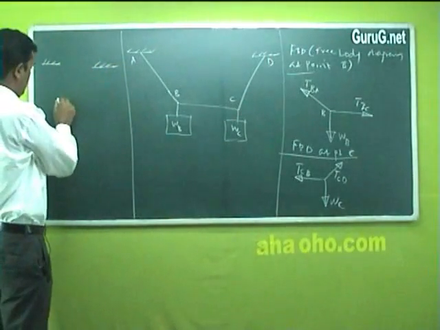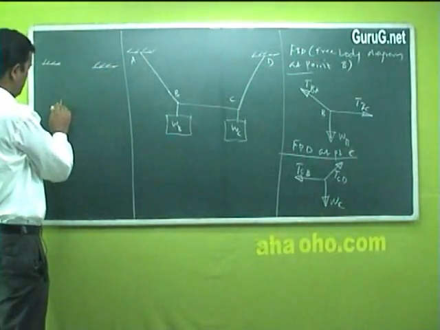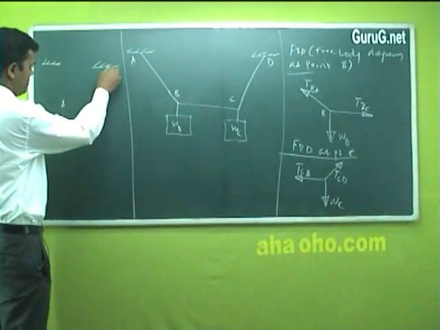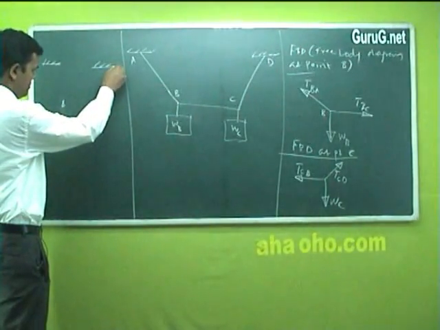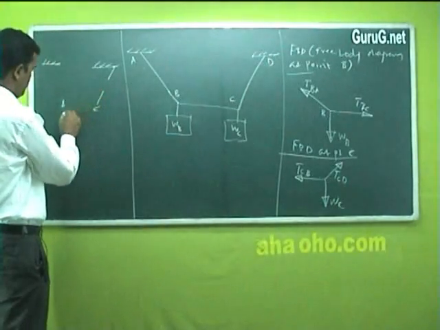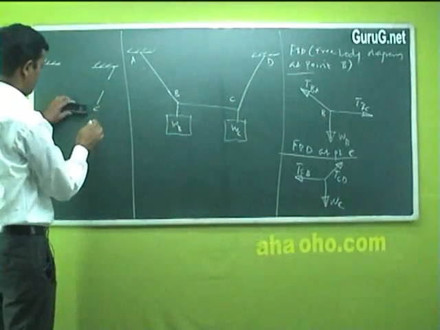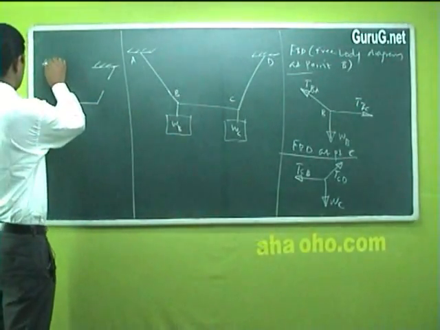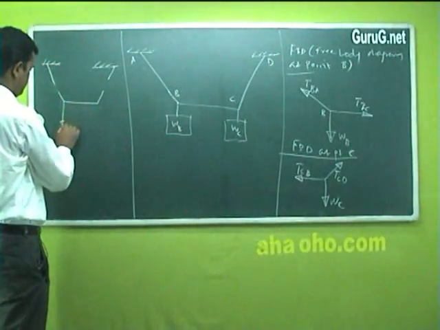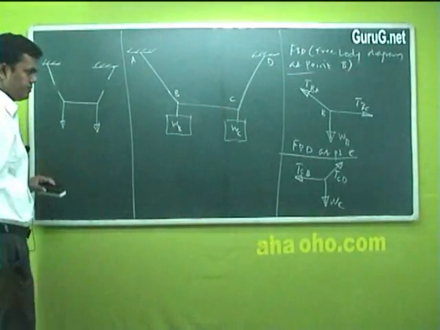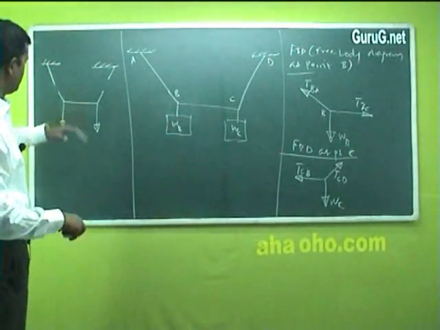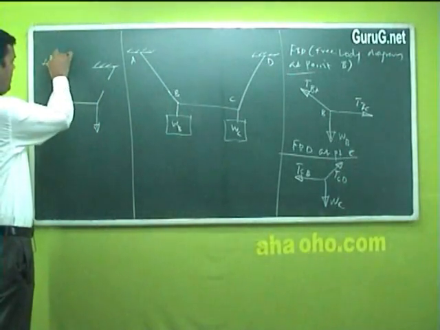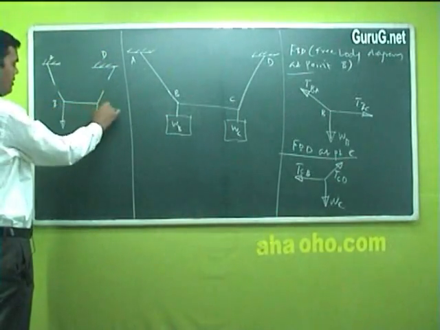I will indicate point B and point C. Is it clear? I am just writing all these sketches as it is. Just clubbing together. You see, I will be writing this point A, this is D, point B and point C.